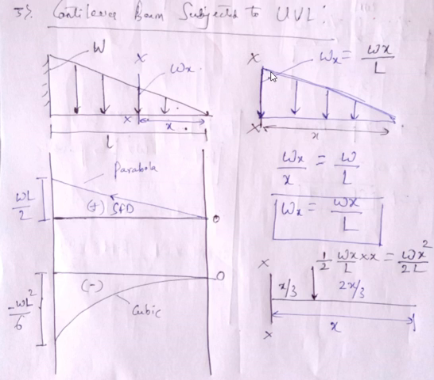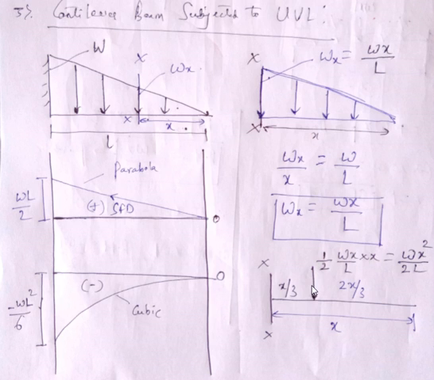For UDL we consider area of rectangle, for UVL we'll consider area of this triangle, and area is given by half base, which is x, into height, which is Wx by L. I'm converting it into point load, so it is half, height is Wx by L, into base is x, which is nothing but this base. So this point load will come out to be W x square by 2L.